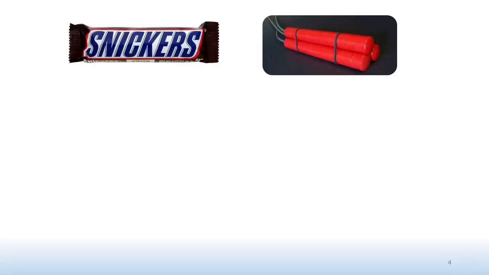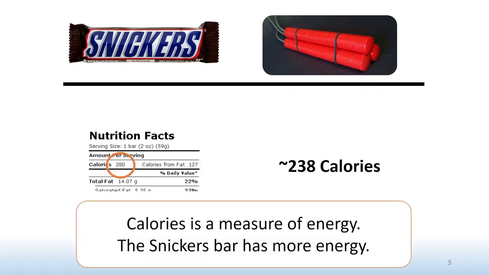So let's look at a quick example that I like to go over. We're going to compare a Snickers bar to a stick of dynamite. Right? Now, many people are surprised to learn that the Snickers bar actually has more energy than the stick of dynamite, right? Calories are a measure of energy that many of us are all too familiar with, right?